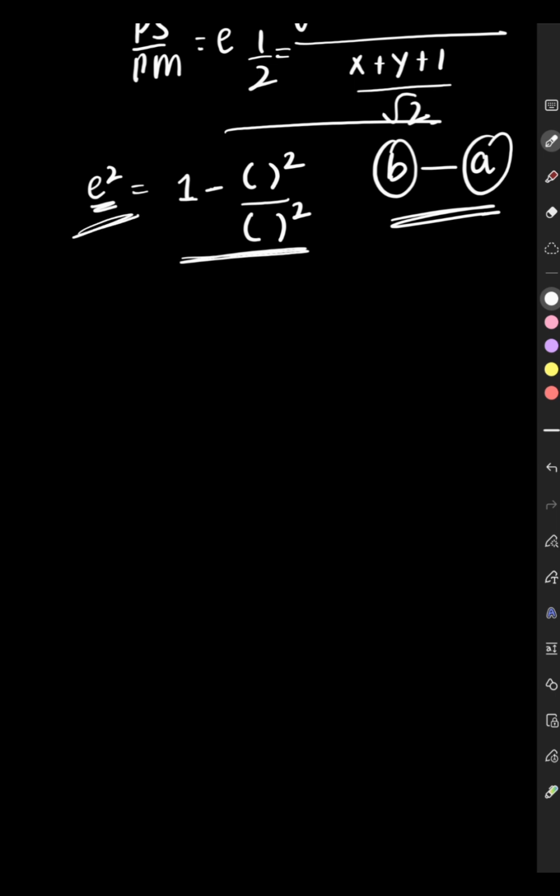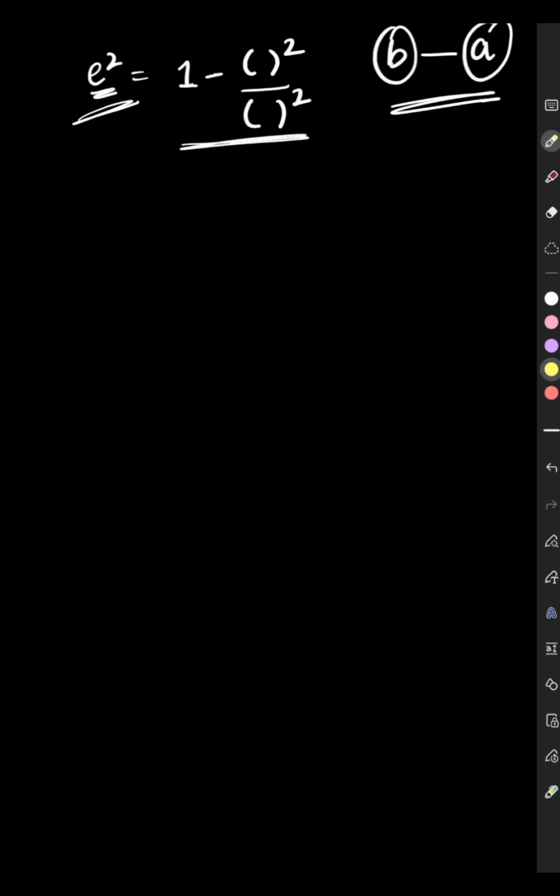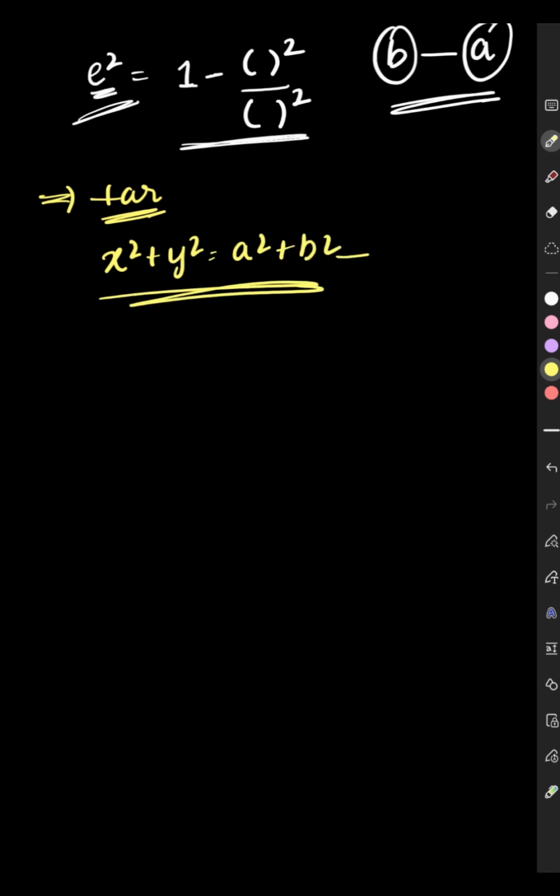Next let's talk about the director circle. Like we said, a director circle is basically a circle from where perpendicular tangents can be drawn onto the ellipse. For an ellipse, the equation is x square plus y square equals to a square plus b square, and this director circle is concentric with the ellipse.